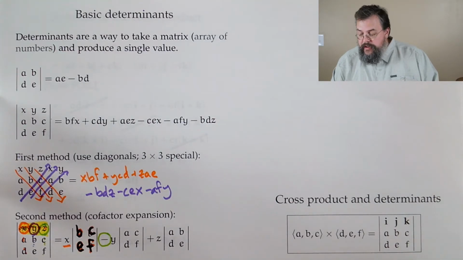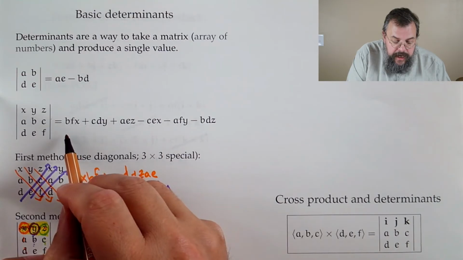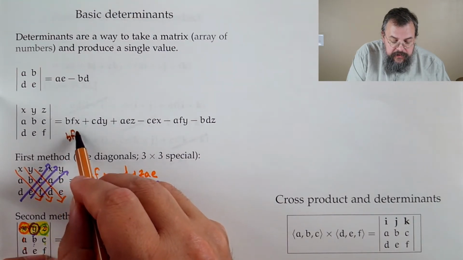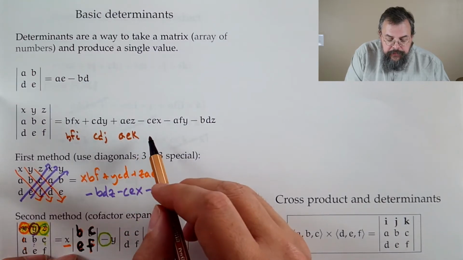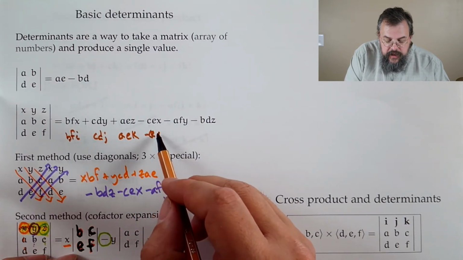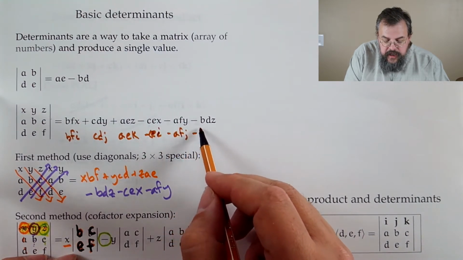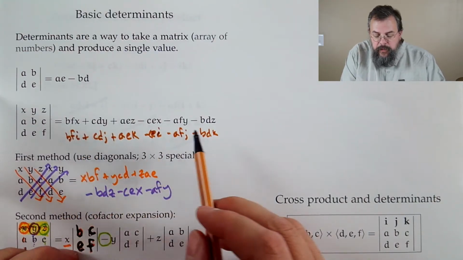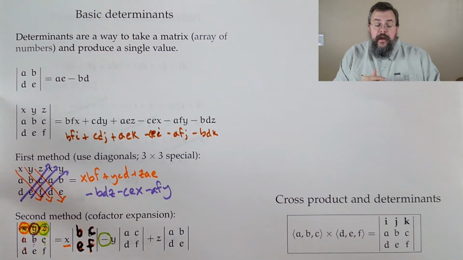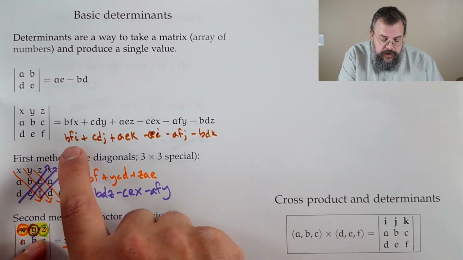You can actually check, because we can compare. So for instance here, really what would happen is you'd get, for example, BFI, CDJ, AEK, CEI, AFJ, BDK, right? That's what would happen if we replace XYZ by IJK. And now if you go back and you check, well, let's check what's with the i's.